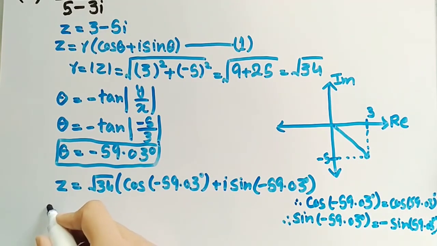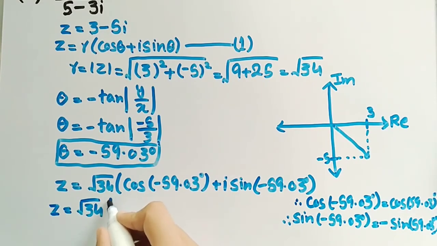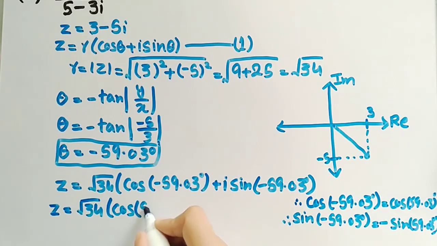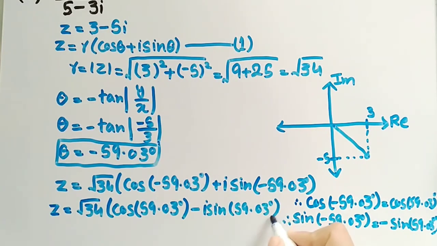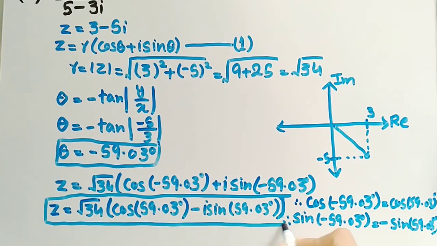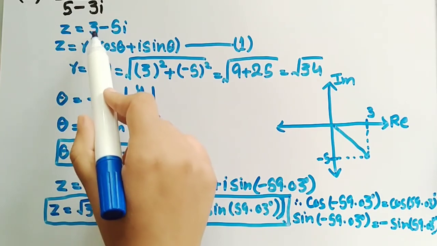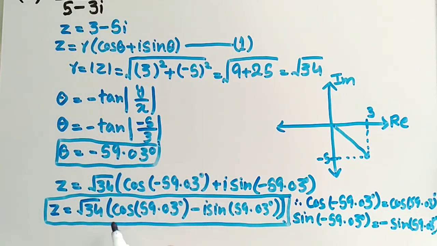Using these identities, we get z is equal to square root 34 into (cos 59.03 degrees minus iota sine 59.03 degrees). So this is the polar form of the complex number minus 34 iota divided by 5 minus 3 iota, which we simplified and got z is equal to 3 minus 5 iota, and after solving this complex number we got this polar form.